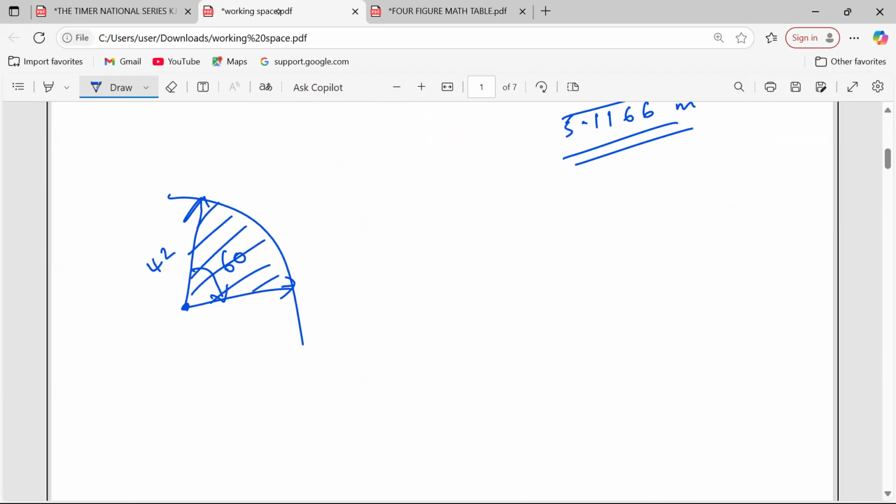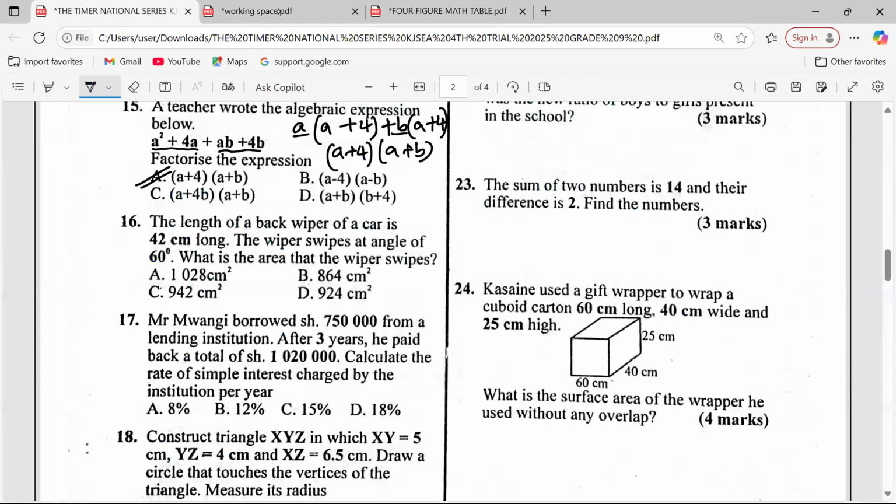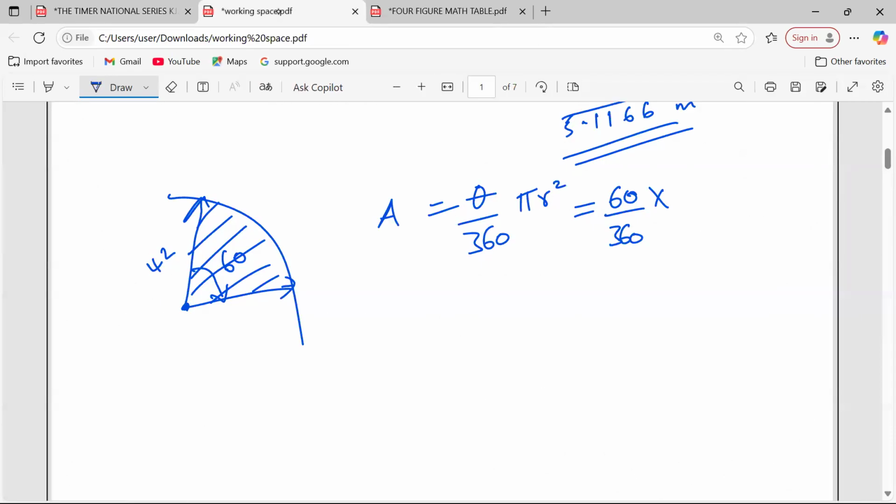So this is the area of a sector of a circle, such that area of a sector is given by the angle at the center, which is theta over 360 pi r squared. So we are talking of 60 over 360 pi. We've not been given pi, so allow me to choose 22 over 7, r squared.